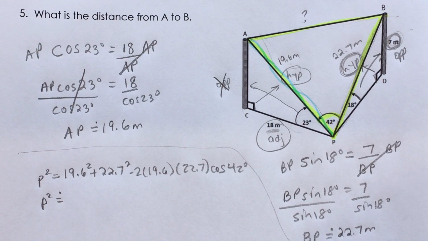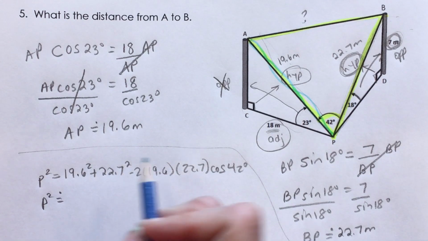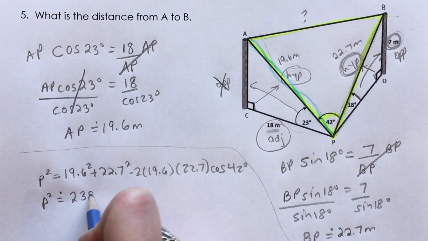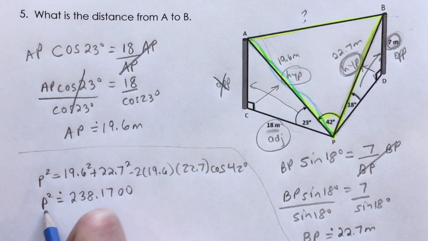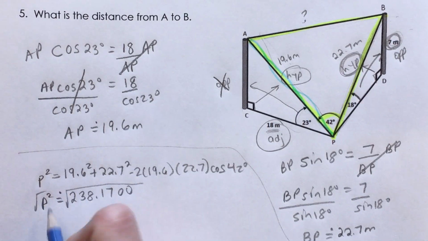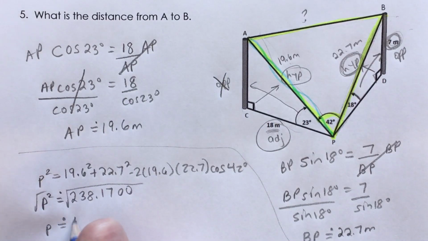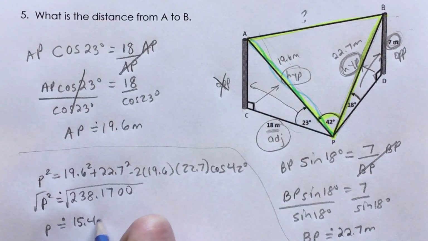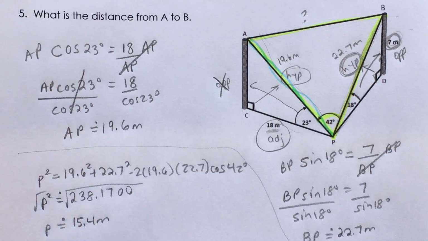So that gives us 238.1700. But that's the square of the side we want. So we want to square root both sides. So P is approximately 15.4 meters.